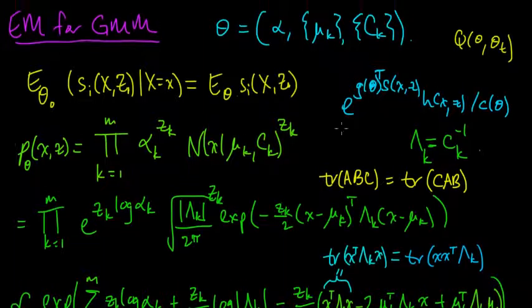But let's go back here to what we wanted to do. This is the thing for EM. So now we've got our hands on these sufficient statistics. And here, for the product, when we have multiple instances, this x and z should be interpreted as the sequence of x's, x1, x2 up to xn, and the z should be interpreted as the sequence of z's, z1, z2, and so on up to zn.